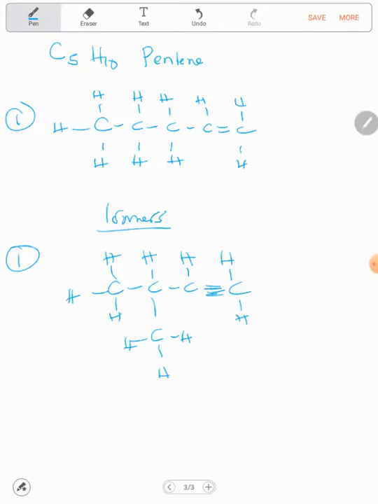What's the name of this? There's a methyl group on which carbon atom? 1, 2, 3. On 3, methyl, which alkene has 4 carbon atoms? And where is the double bond? The double bond is here. So that's 2-methylbutene. Simple as that.